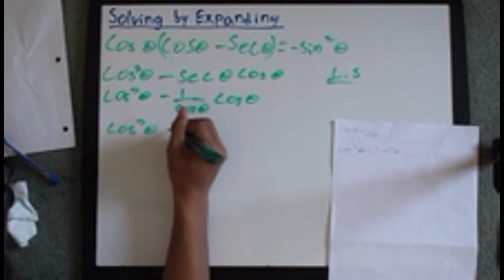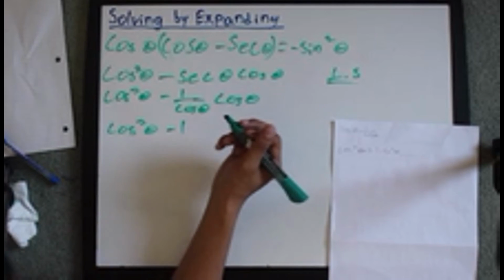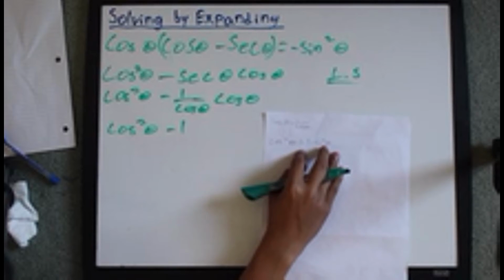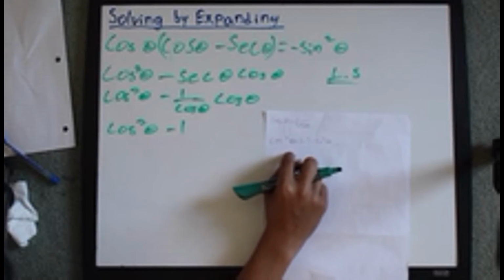Cos squared theta minus 1. And then you look at your Pythagorean identity rules again, and you learn that cos squared theta is also equal to 1 minus sine squared theta. So 1 minus sine squared theta minus 1.